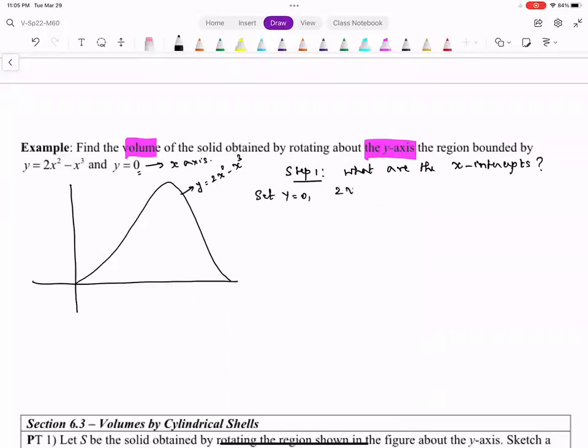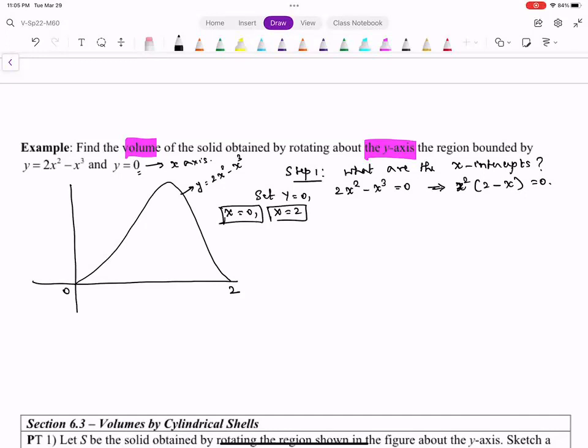So you get 2x squared minus x cubed equals 0, which means x squared can be taken as a common factor: x squared times (2 minus x) equals 0. So either x equals 0 or x equals 2. Those are the x-intercepts.